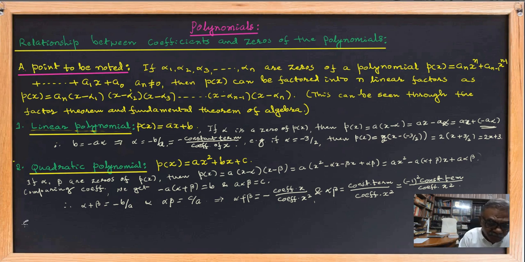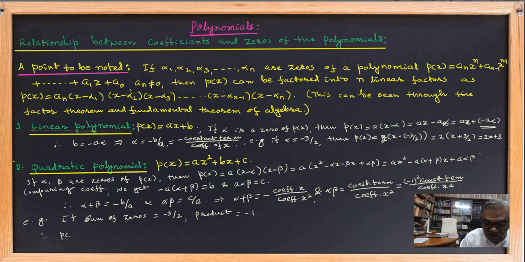For example, consider that the sum of zeros is equal to minus 3 by 2, and the product is minus 1.